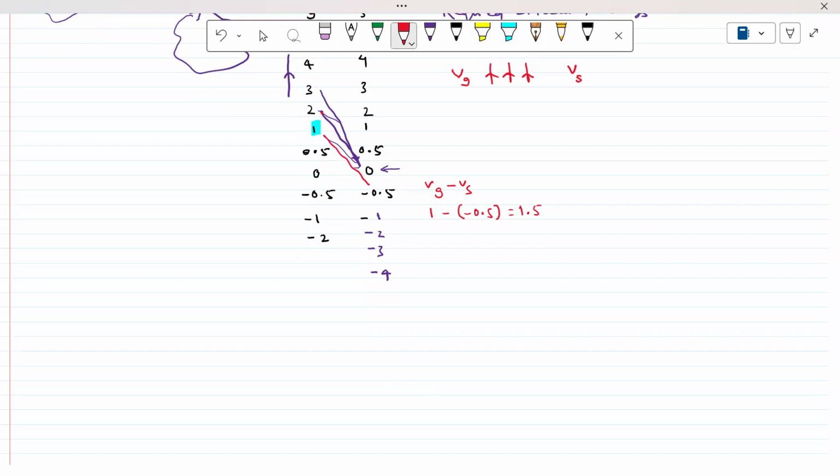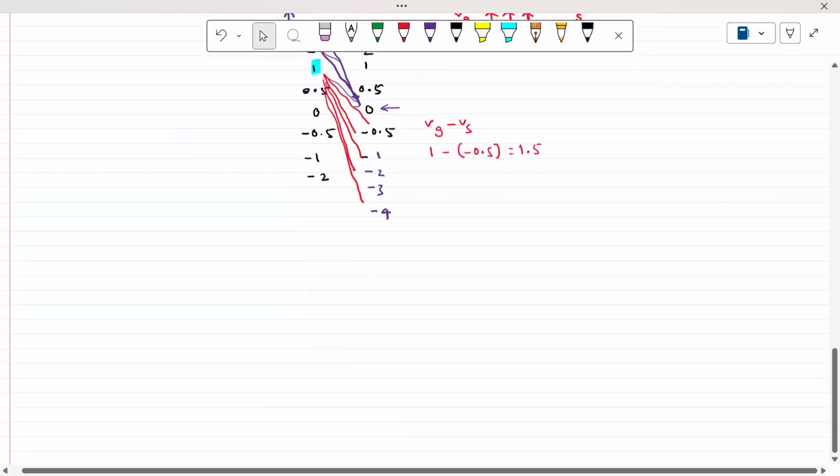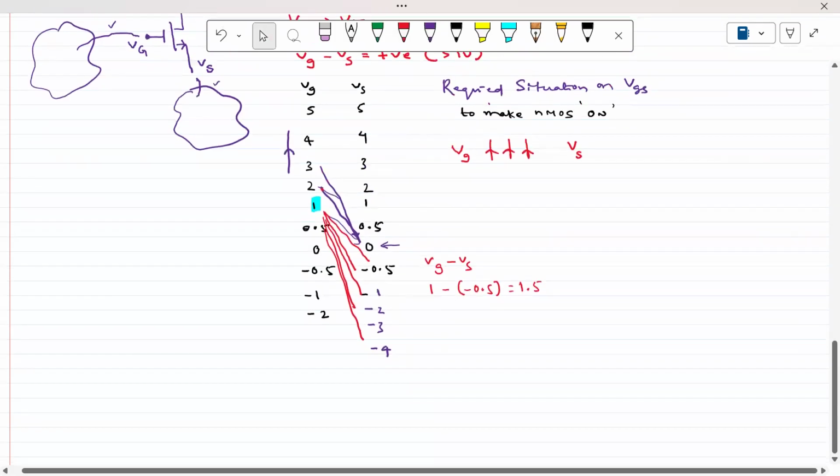If you keep VG constant and decrease the values of the source, what can you expect? Definitely, the VGS becomes positive. Okay, that means what is the required condition for VS?